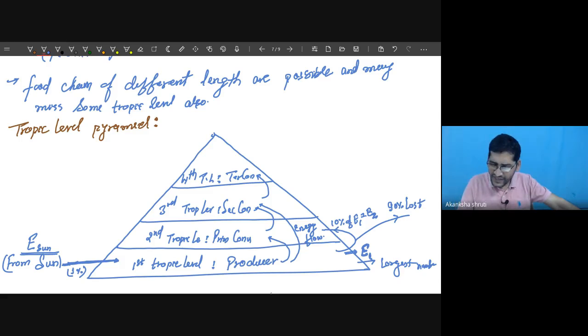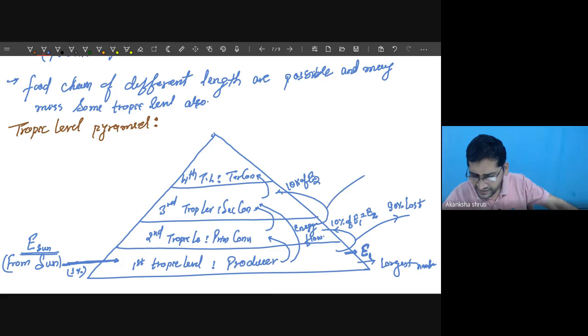Then only 10% of E2 is able to pass to the third trophic level, and the 90% of the energy is lost.